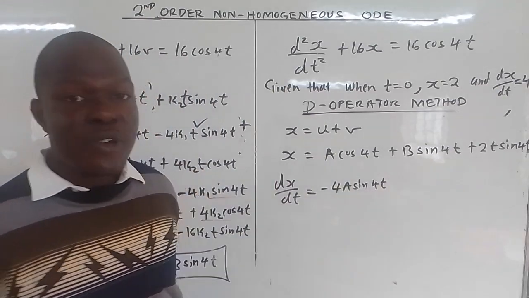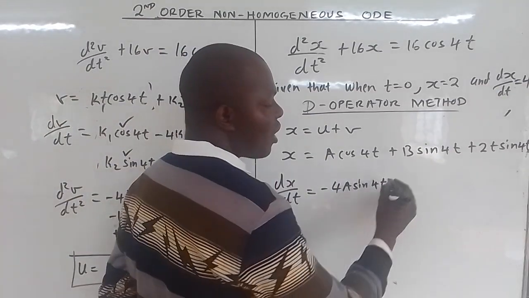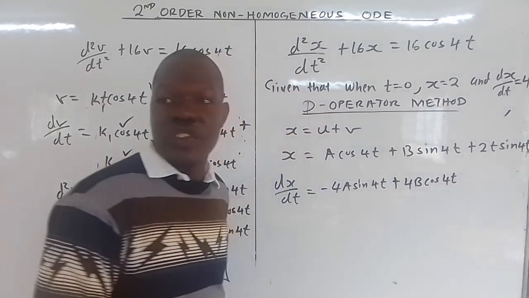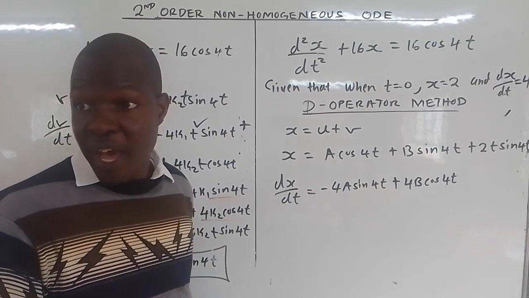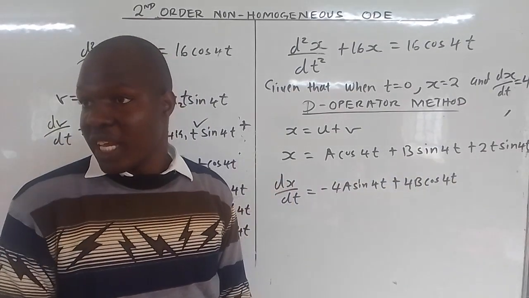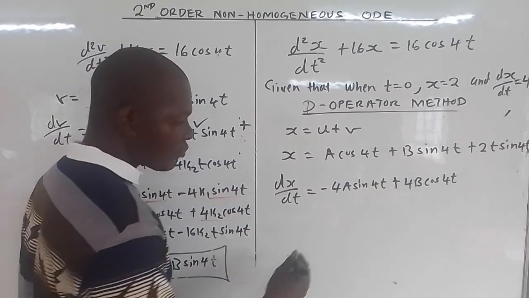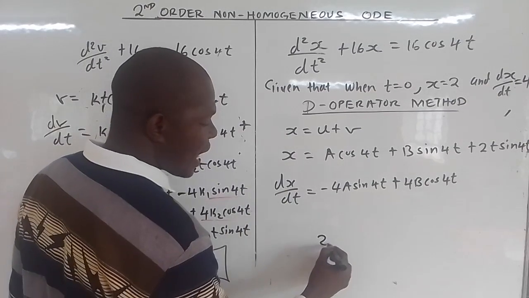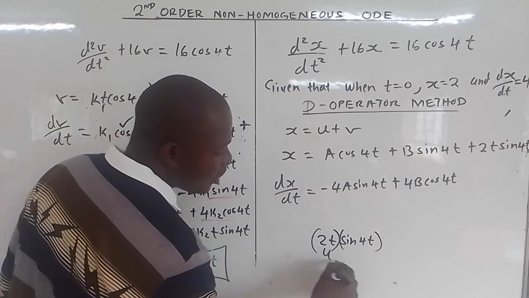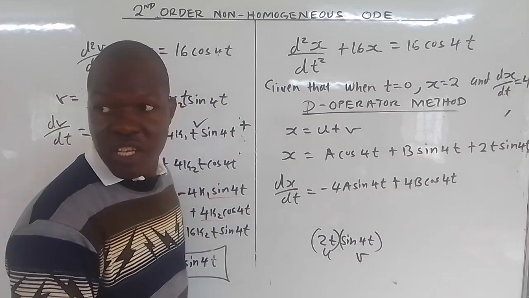Then you come here, if you differentiate sine 4t, you get positive 4 cos 4t, then times your b which was there, isn't it? Are we together? Good. If you differentiate this, product rule, isn't it? So there we have 2t sine 4t. So you can let 2t be u and sine 4t be v, isn't it?